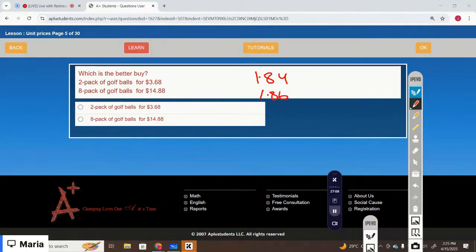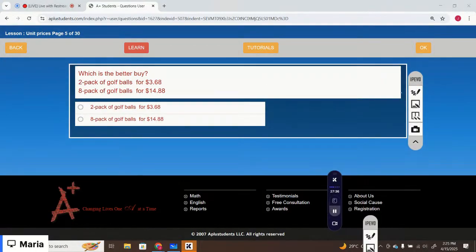So which is the better buy, the first one or the second one? Option number 1 is the correct option. That is 2 pack of golf ball for $3.68.